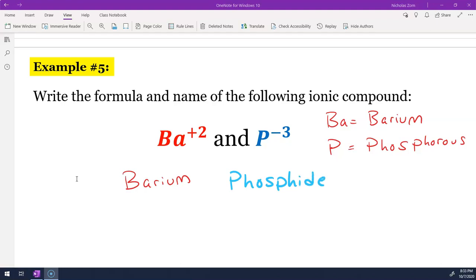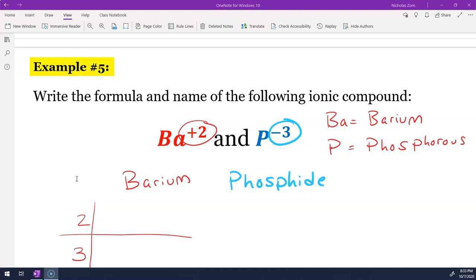Okay, this is going to be an interesting one because we have a +2 charge and then a -3 charge. I can't simply multiply one of them to have them cancel out. We're going to need a least common multiple here. So we have 2 and 3. What I want to do is list out the multiples of each.